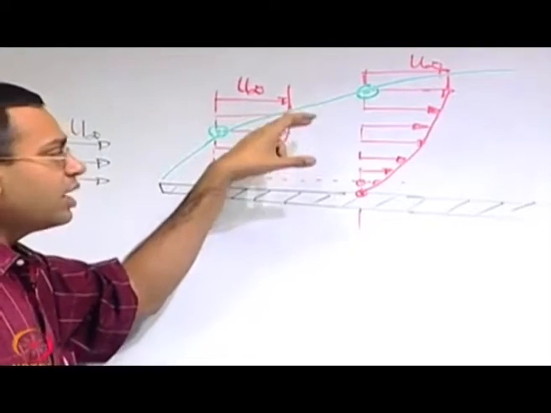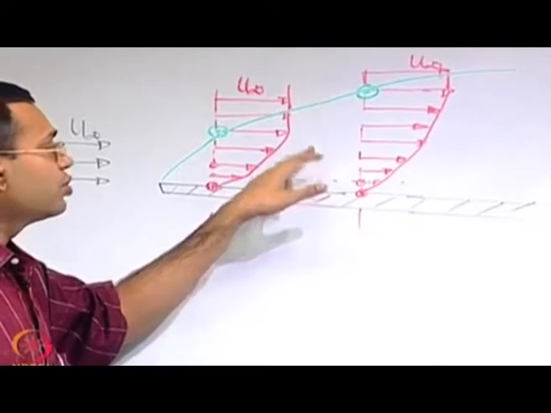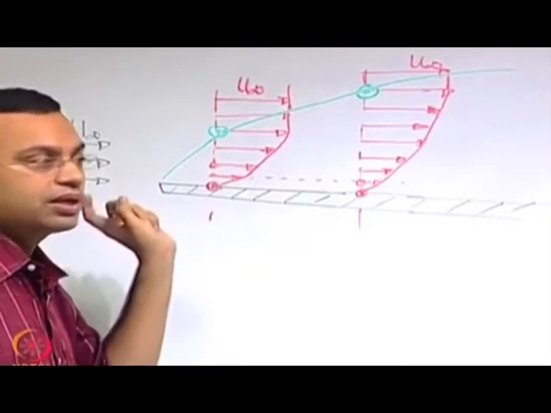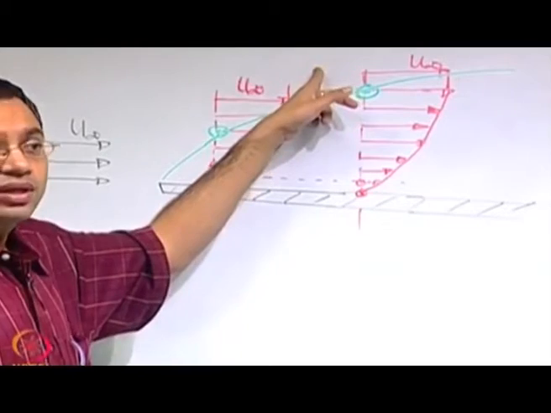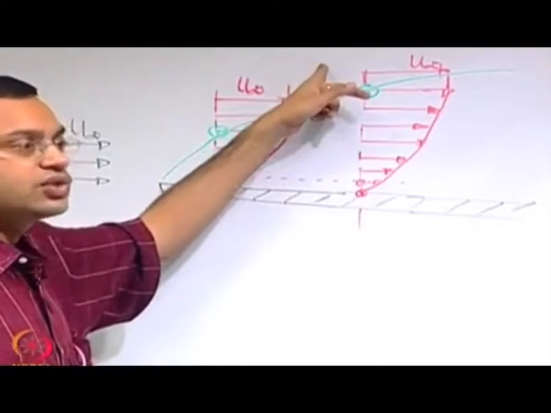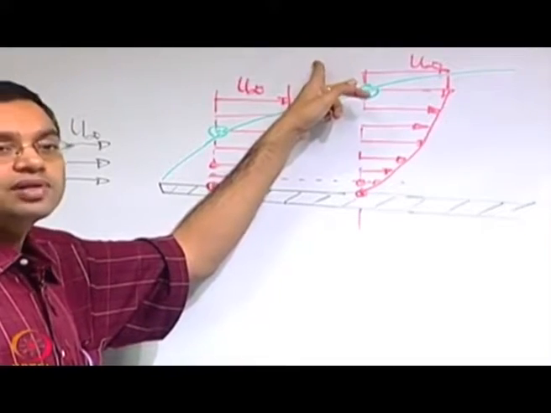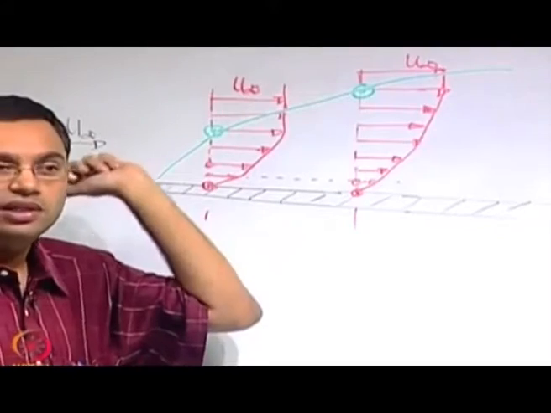One part adjacent to the wall, where wall effects are important, or so to say the slowing down effect of the wall or the viscous effects are important, and outside this viscous effects are not important. It does not mean that the fluid outside this has no viscosity, simply the effect of viscosity is not manifested in the form of shear stresses because of lack of existence of velocity gradients.